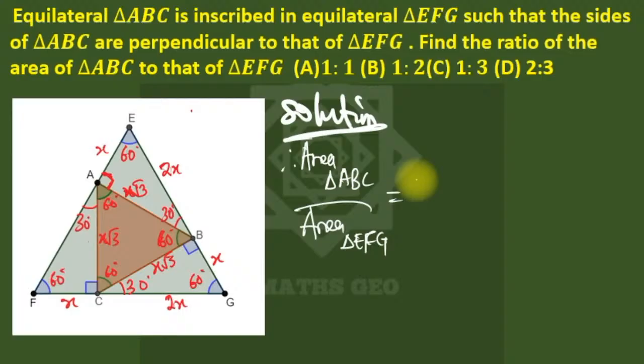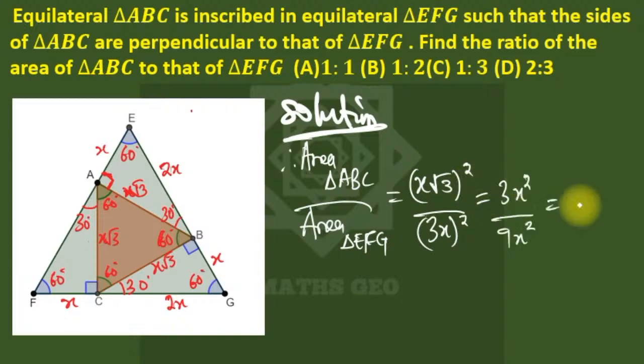So the side here is x root 3 all squared over, while the side for EFG is 3x, as you can see, x plus 2x is 3x. So we can write this as 3x squared over 9x squared, which is 1 over 3. So the answer is 1 is to 3.